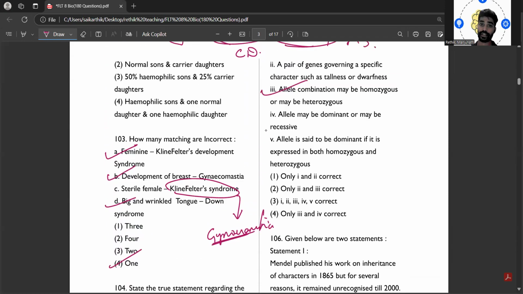The second one is also correct. Fourth, allele may be dominant or recessive, is also correct. Then an allele is said to be dominant if it is expressed in both homozygous and heterozygous conditions. The third one is correct.